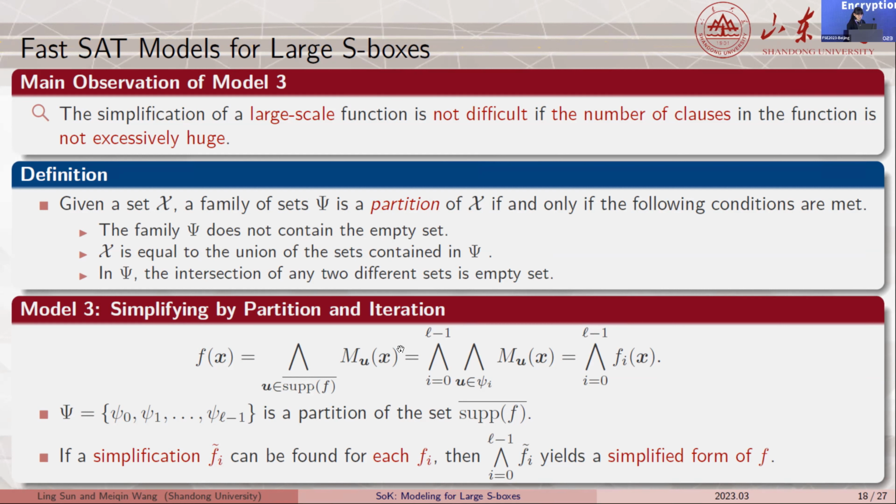Further, F can be represented as a conjunction of L subfunctions, and each subfunction will have fewer clauses than the original F. Now, if a simplification F tilde i can be found for each Fi, then the conjunction of these simplified functions yields a simplified form of F. So the question for now is how to construct this partition.